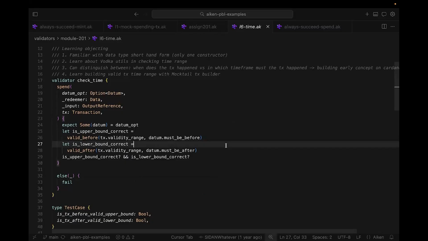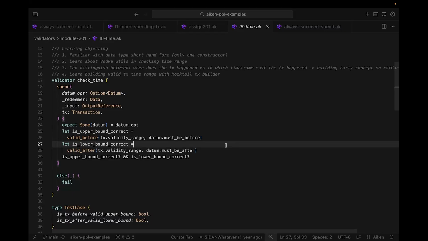She's just like, okay, just take everything and put it on this paper. We're getting a validity range from the transaction, right? And we're getting some other important clues from the datum.